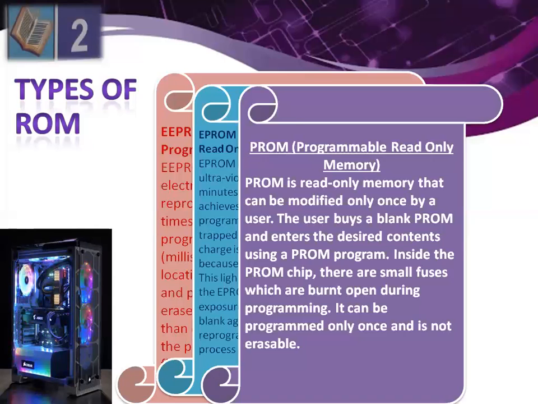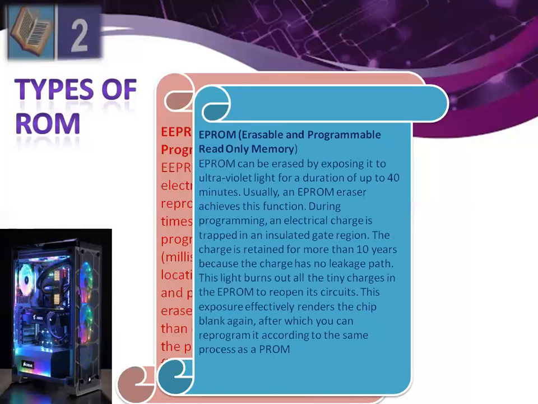Next is EPROM. EPROM stands for erasable and programmable read-only memory. EPROM can be erased by exposing it to ultraviolet light for a duration of up to 40 minutes. Usually, an EPROM eraser achieves this function. During programming, an electric charge is trapped in an insulated gate region.